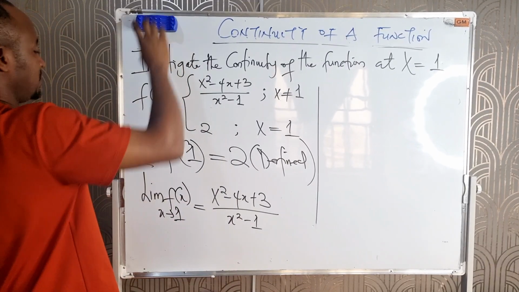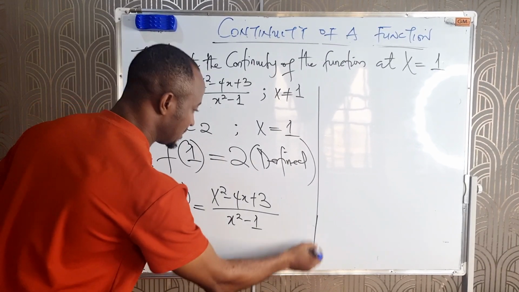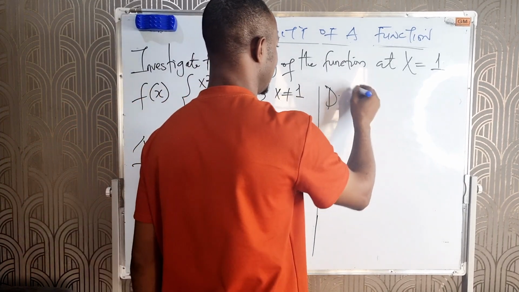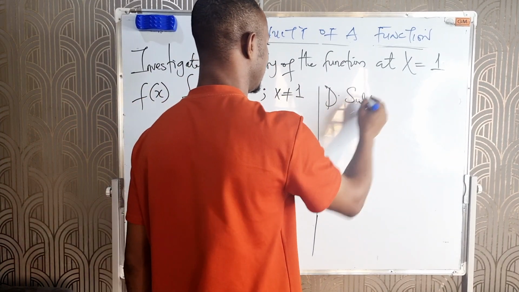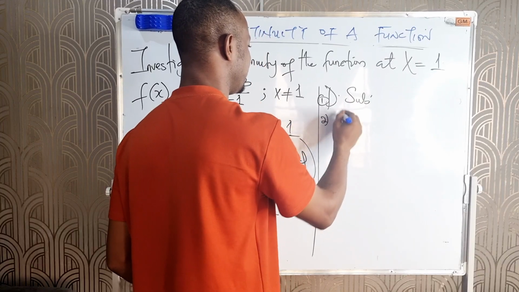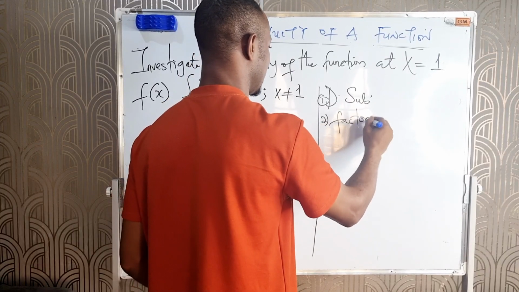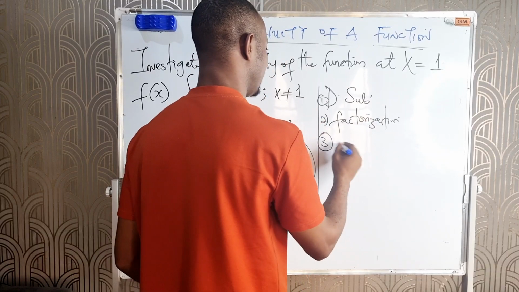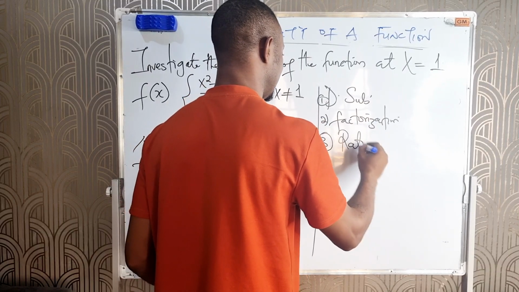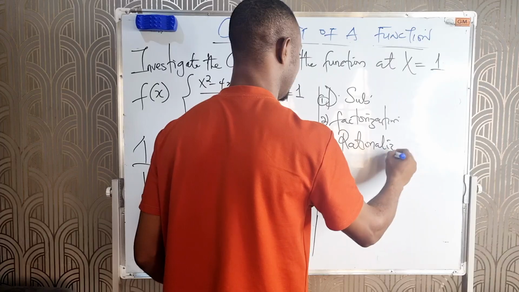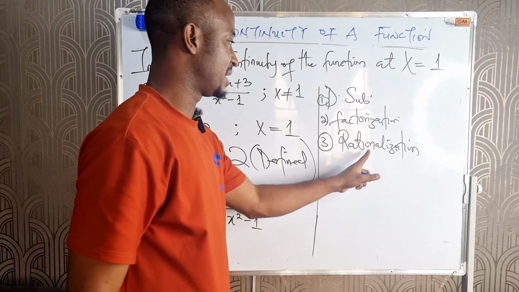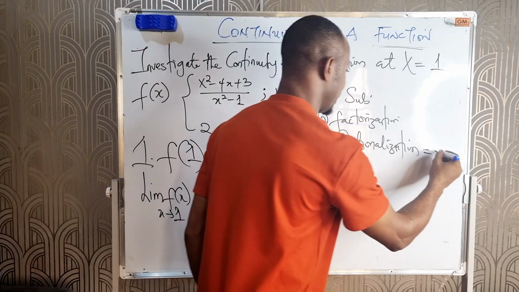We have to factorize. We say we have the first method, which is direct substitution. Number 2, we have the factorization method. Number 3, we have the rationalization method, and we say that the only time we use this number 3 method is when we have a square root.